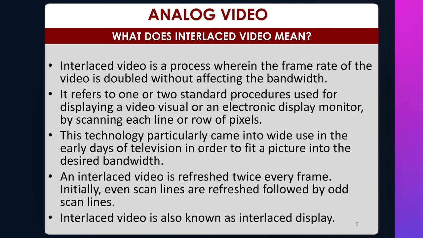This technology came into wide use in the early days of television in order to fit a picture into the desired bandwidth. An interlaced video is refreshed twice every frame. Initially, even scan lines are refreshed, followed by odd scan lines. Interlaced video is also known as interlaced display.